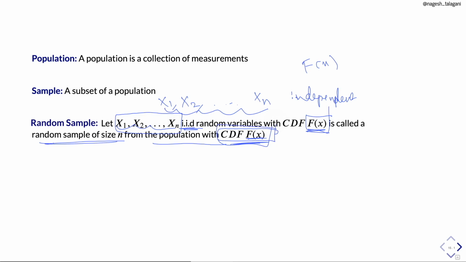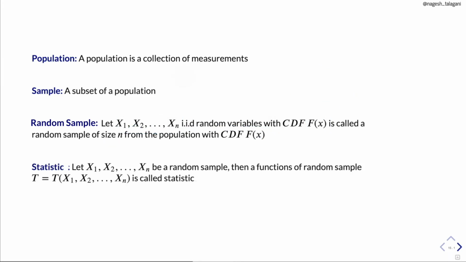Fine. Next, statistic. Any function of the random sample is called a statistic. If X1, X2, Xn is some random sample of size n that comes from some population, then a function of X1, X2, Xn is called a statistic for that population. Let me give some examples for these statistics.